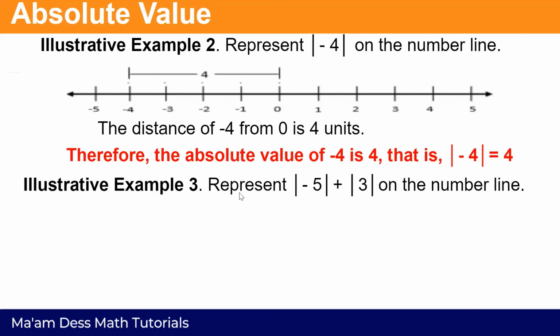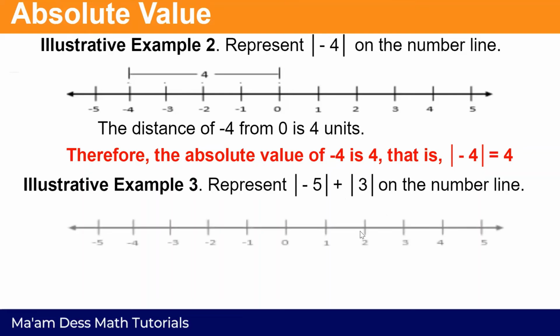Illustrative example 3. Represent the absolute value of -5 plus the absolute value of +3 on the number line. Again, let us make a number line. Center at 0, and the numbers to the right of 0 are positive. Start from 1, right after 0, to the right: +2, +5.